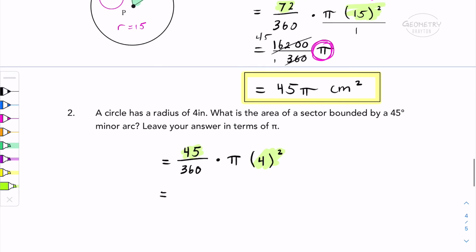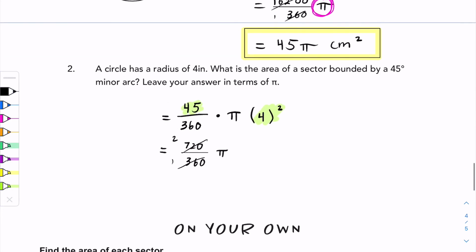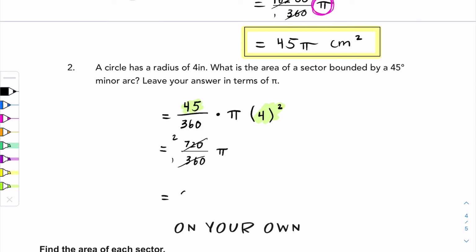That gives us 720. 720 divided by 360 multiplied by pi. And 360 goes into itself once, goes into 720 2 times. So our final simplified answer here is 2 pi, and we're dealing with inches, so square inches. And that is your final answer.